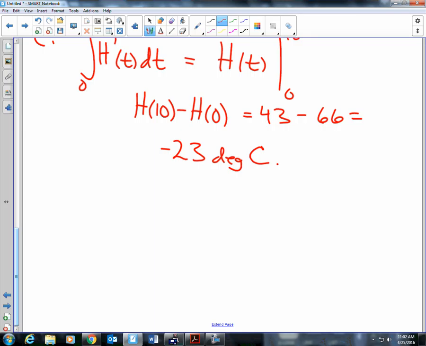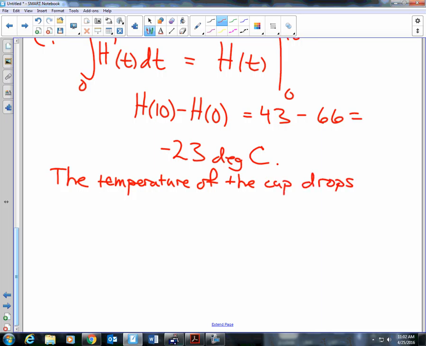What does that mean? Yep. The temperature of the cup drops 23 degrees Celsius from time equals 0 to time equals 10.